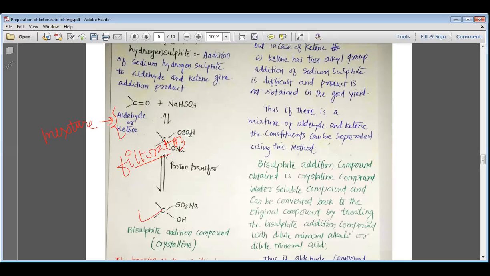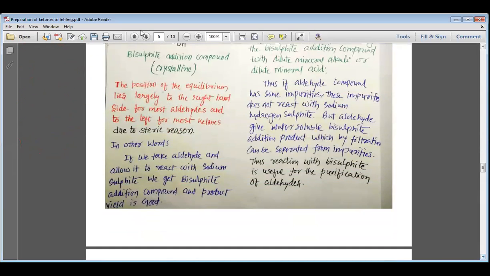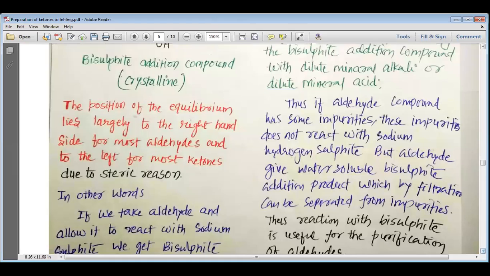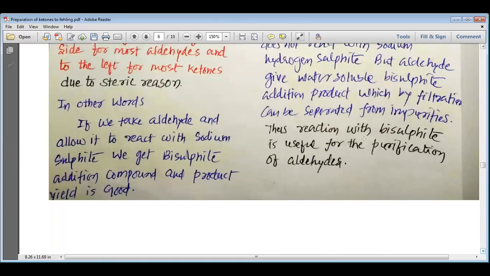At the same time, if aldehydes have some impurities, these impurities will not react with NaHSO3, but the aldehyde will give the bisulfite addition compound, and that is why the impurities may also be separated. So this is how the reaction with bisulfite can be used for purification as well as for the separation of aldehydes and ketones from each other.